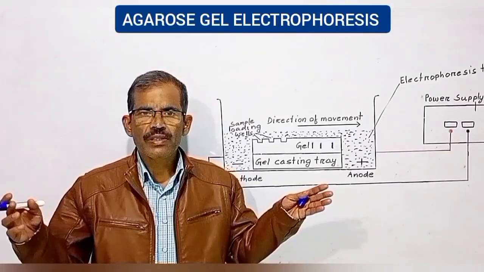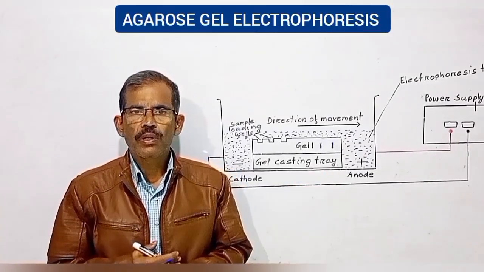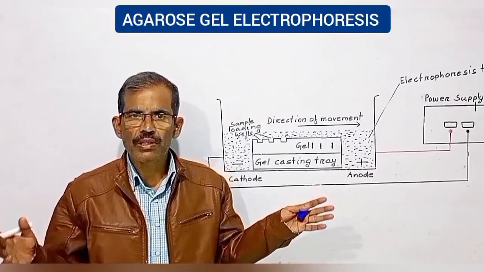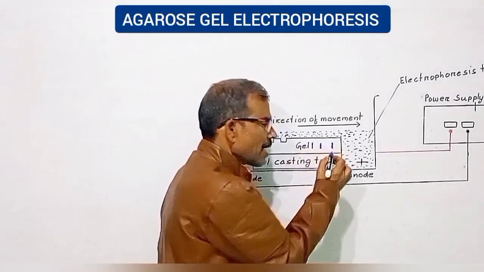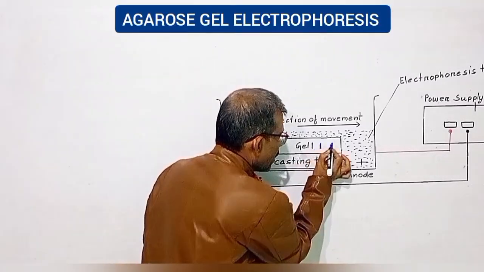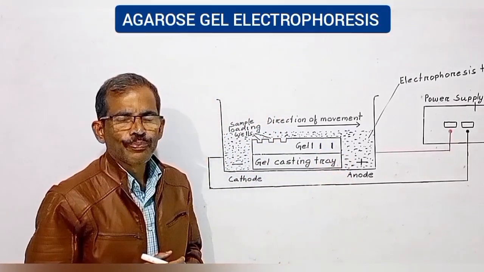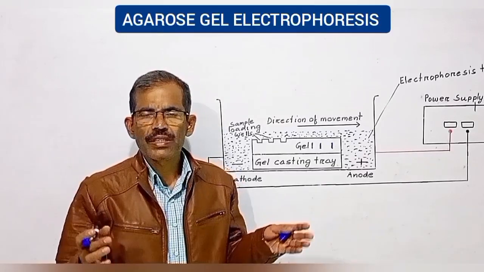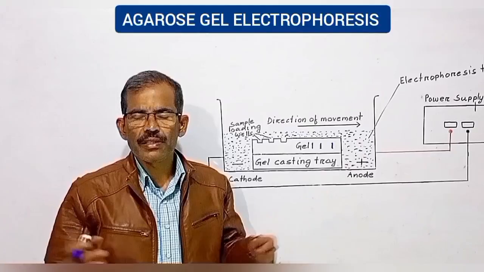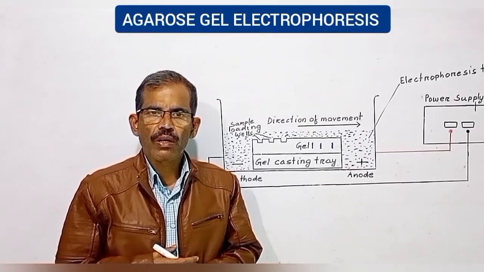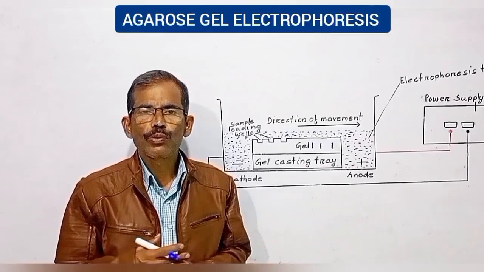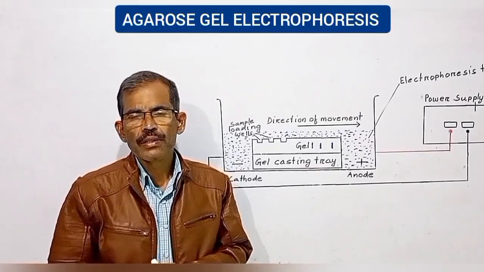Due to differences in size, nucleic acid fragments will migrate at different velocity along the gel, and as a result, they will be separated into distinct bands. The running buffer is responsible for creating a charge gradient. It also serves to cool the gel as it heats up due to the flow of electric current.